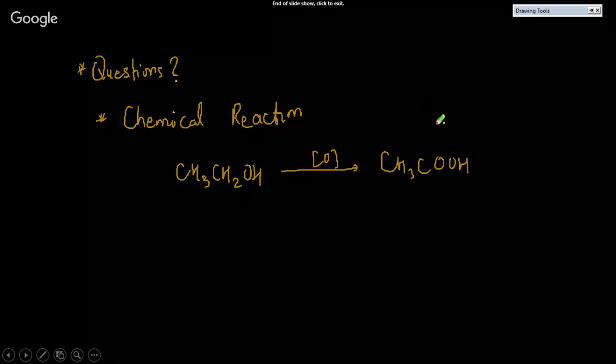Now this oxidation basically happens because some bonds are broken. Of course, the C-H bonds in ethyl alcohol are broken, and new bonds are formed between carbon and oxygen. Now the question here is, to break these bonds, I need some amount of energy.